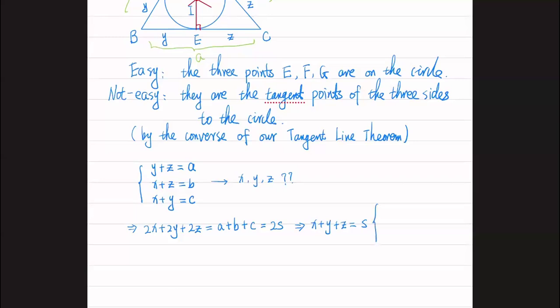Then we see x will be s minus y plus z, which is our a. Similarly, y is s minus x plus z, which is b.